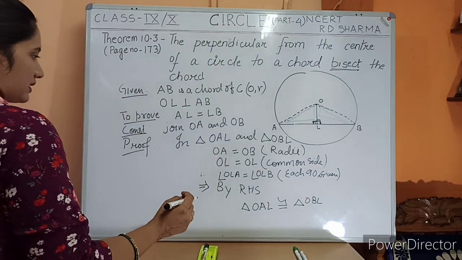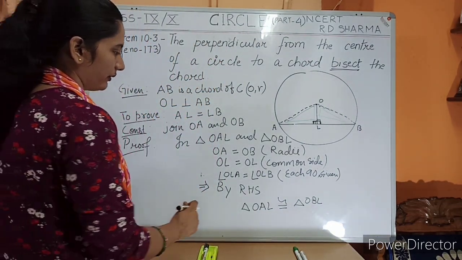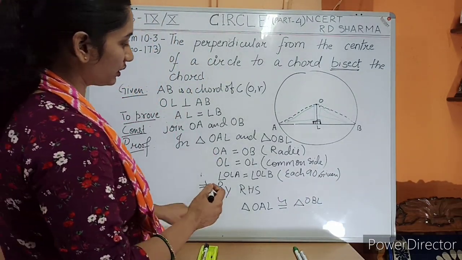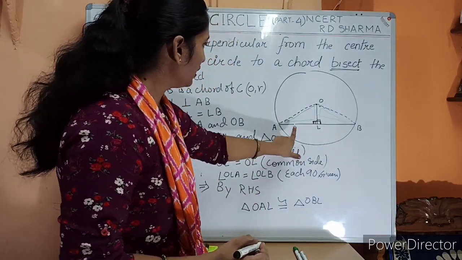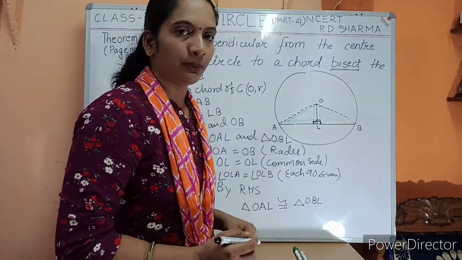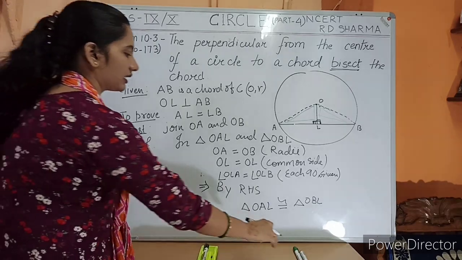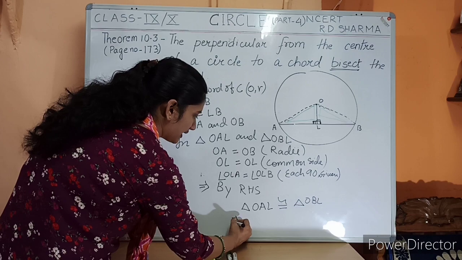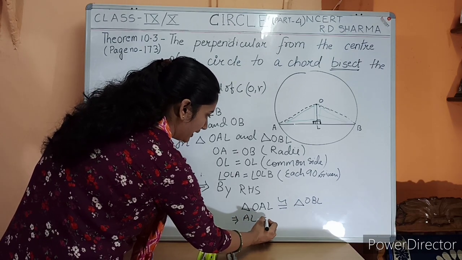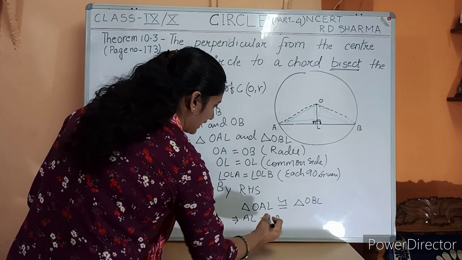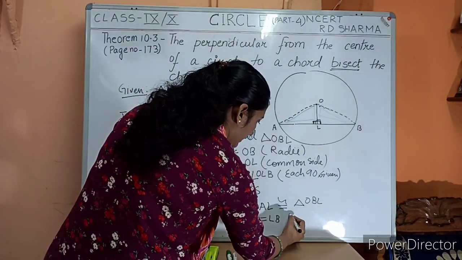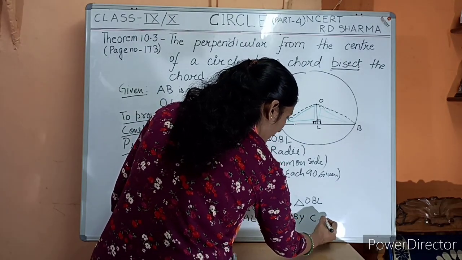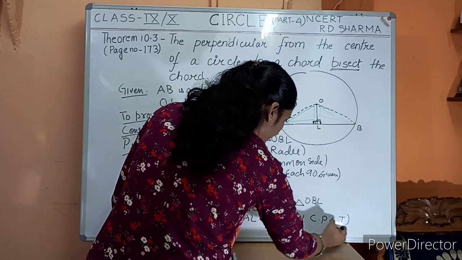Now after this, when these two triangles are congruent, then what do you think? When these two triangles are congruent, AL must be equal to the LB part because that is the corresponding part of the two triangles. So here we can write, this implies that AL must be equal to the side LB, and why? This will be because by CPCT we can write they must be equal.